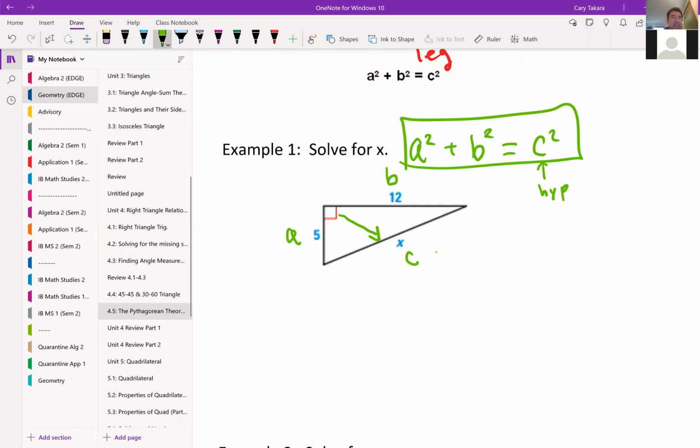So plugging in, A is 5, so 5 squared, plus B is 12 squared, equals C, which is the unknown, x squared. Does that make sense?